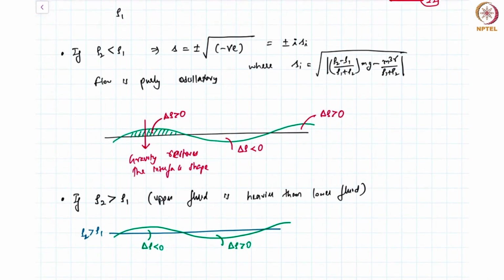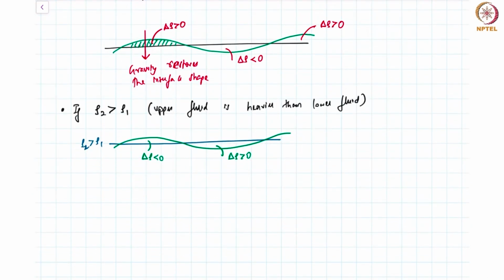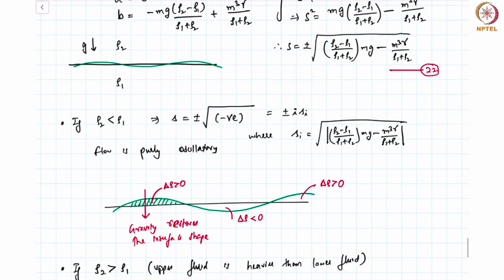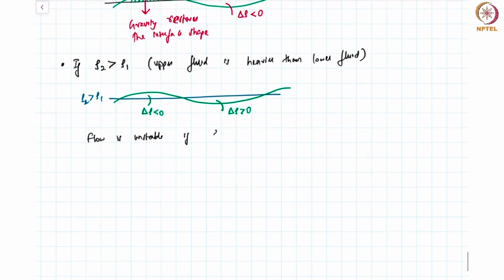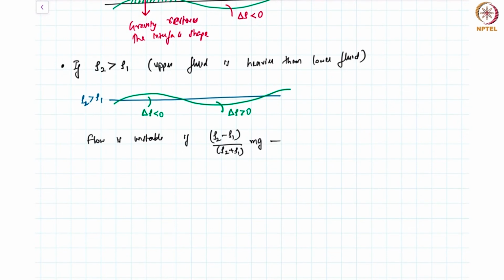So if you say that ρ2 is greater than ρ1, and look at equation 22 that we have, this would essentially mean the flow is unstable if the quantity under the square root in 22 is positive, which is (ρ2 minus ρ1) divided by (ρ2 plus ρ1) times g times m, minus m cubed gamma by (ρ2 plus ρ1), is greater than 0.